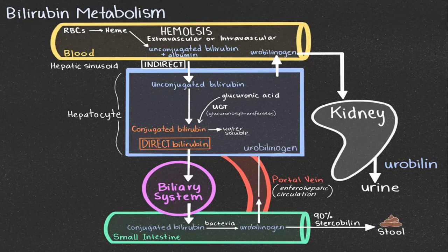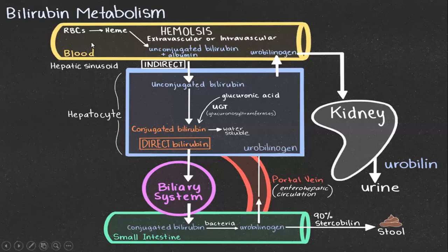Your hemoglobin is broken down into its components, the heme and the globin component. The heme component contains the iron porphyrin, and the globin component is the protein component of the hemoglobin.